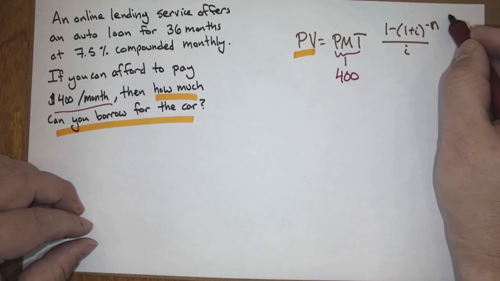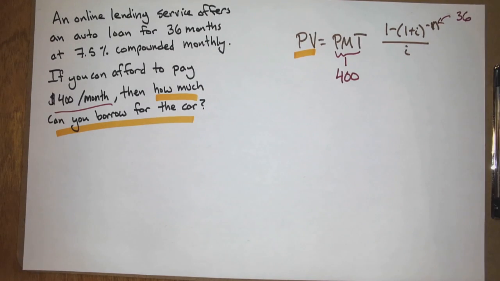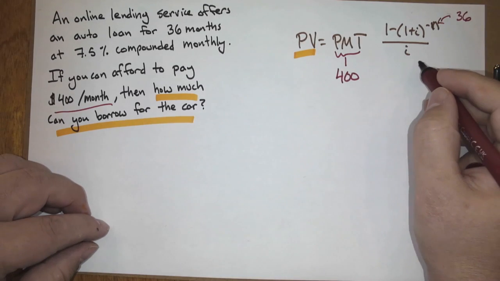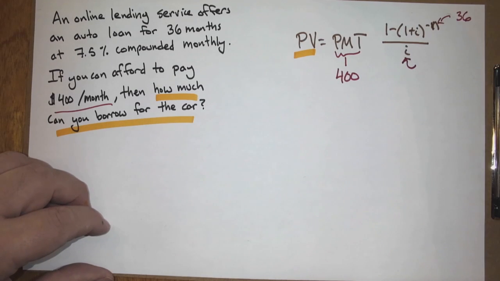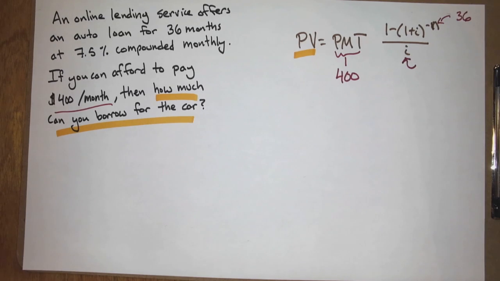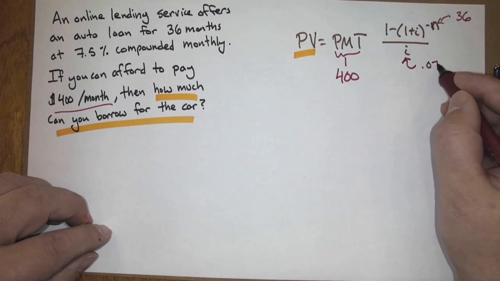The n is 36 because we're paying monthly, 36 months, 3 years to pay off. How do we find i? Yeah, so it's converted to decimal, 0.075, right?